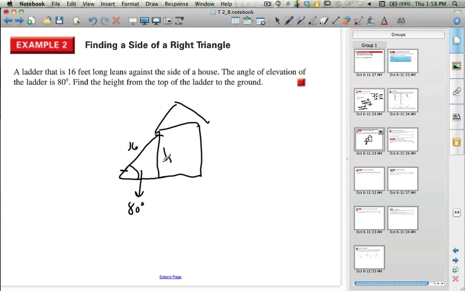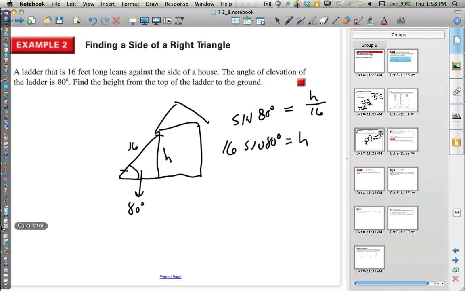Okay, so I've got the hypotenuse, I've got an angle, and I want the side opposite. Sine is going to work really well for that. The sine of 80 degrees will be the height of the side opposite divided by 16. And if I do 16 times the sine of 80 degrees, that will give me the height.